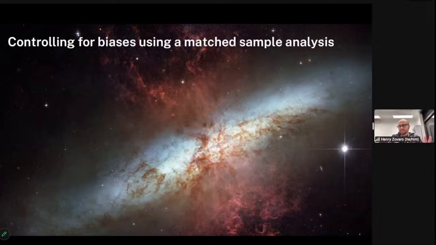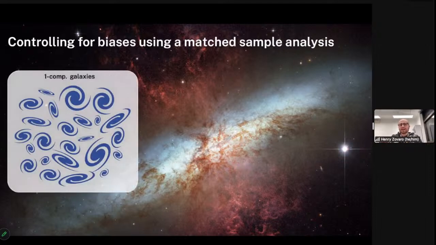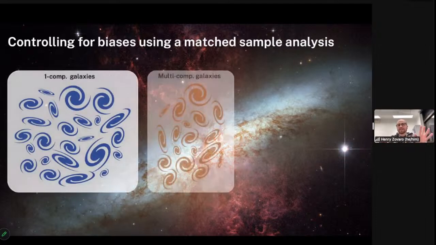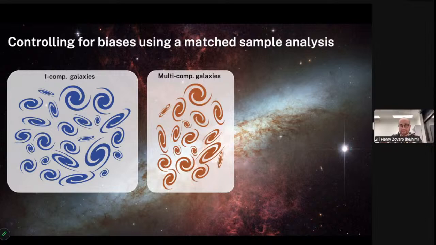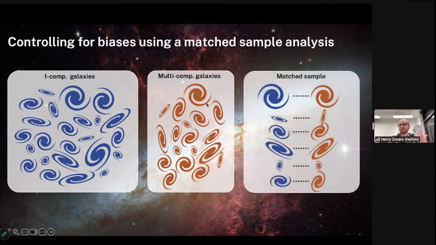This is a technique that you may not have heard of before, so I'll just step through it quickly. Let's imagine that these are our one-component galaxies, and these are our multi-component galaxies. Now, let's say we're concerned about the effect of inclination. As I showed you before, the multi-component galaxies tend to be more face-on than the one-component galaxies. So one way we can control for this is that for every multi-component galaxy, we pick a one-component galaxy that has the same or a similar inclination.